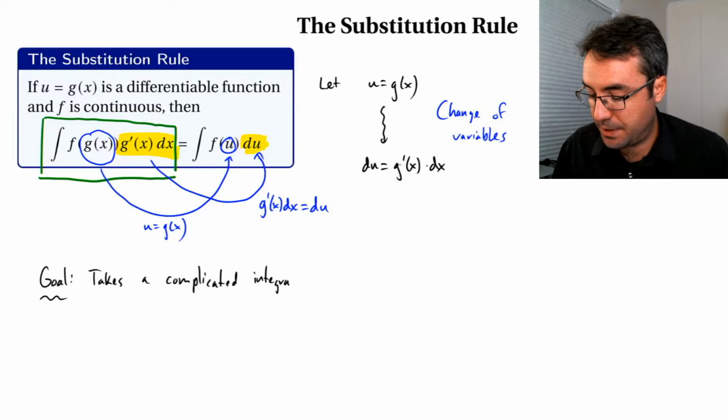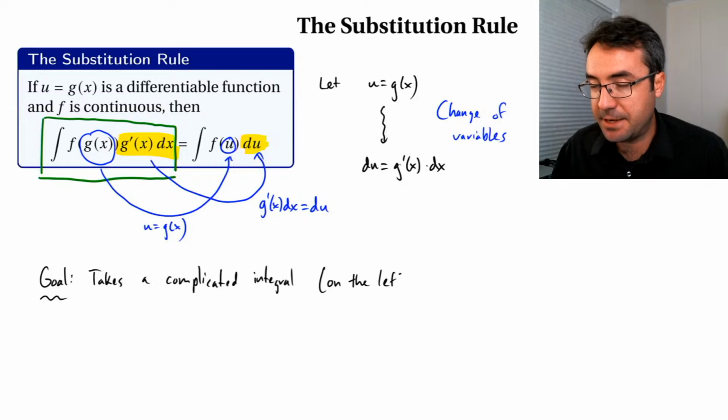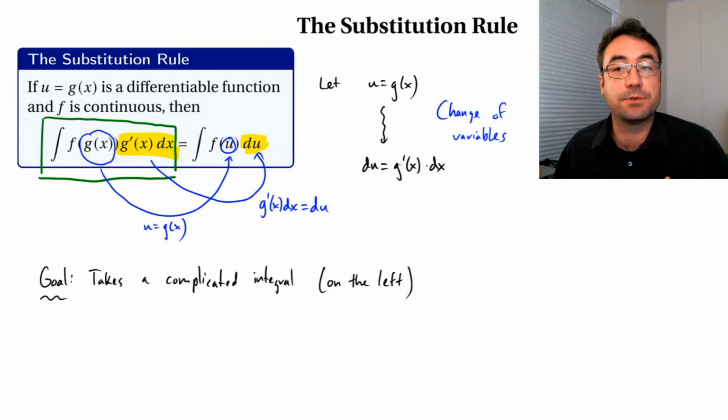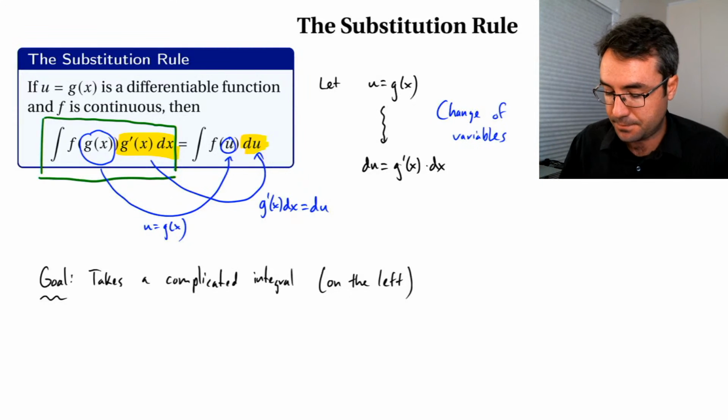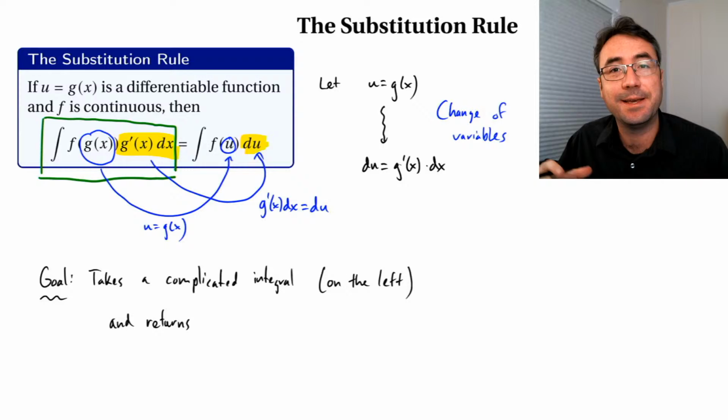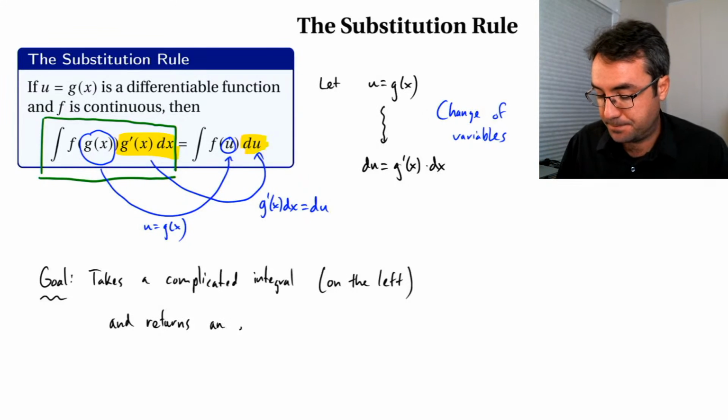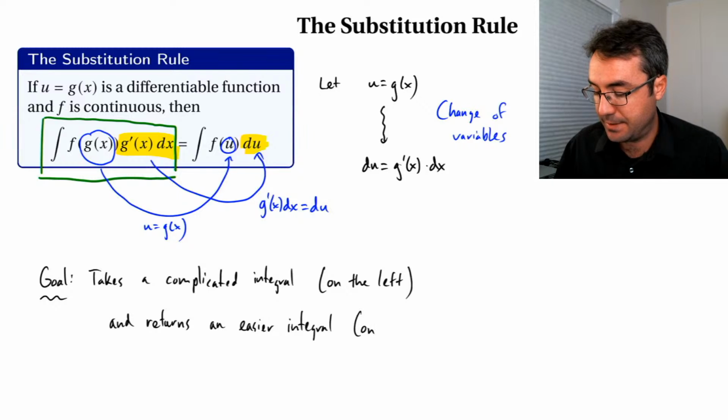And when we do the change of variables, the substitution, it gives us an easier integral, something closer to one of our basic forms. So substitution rule, if we do it correctly, hopefully returns an easier integral. So that's ultimately the goal here. That integral on the right should be something we can do.